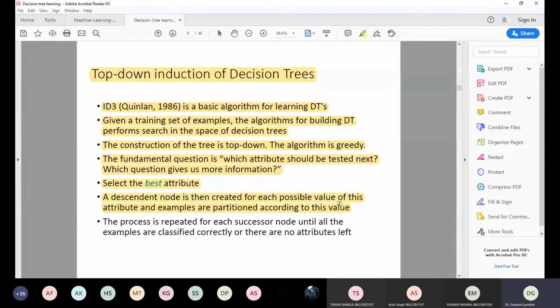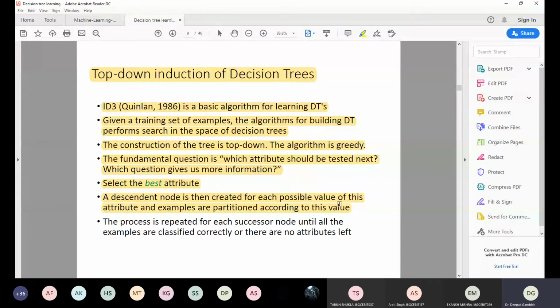The best attribute may be humidity at the root node, but why have we chosen outlook? That is also tricky. So first we choose the best attribute, then we choose the descendant node, the one which provides the best information. That descendant node is put on the possible values of the attribute.